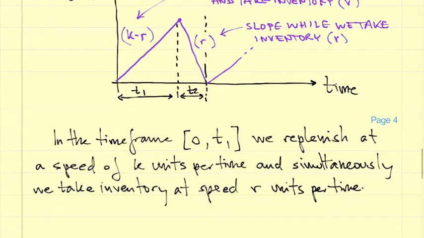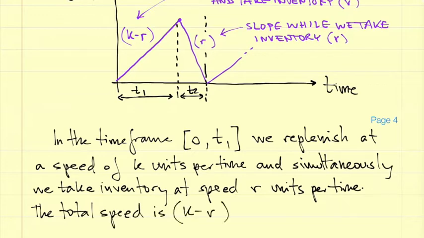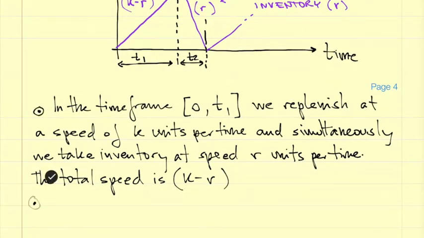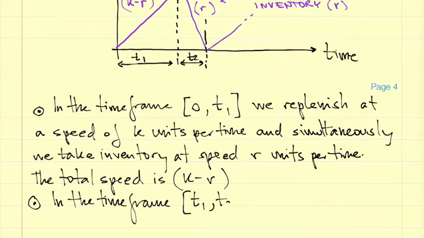That's why the total rate is K minus R. Similarly, in the time frame T1 to T2, we do not replenish anymore.